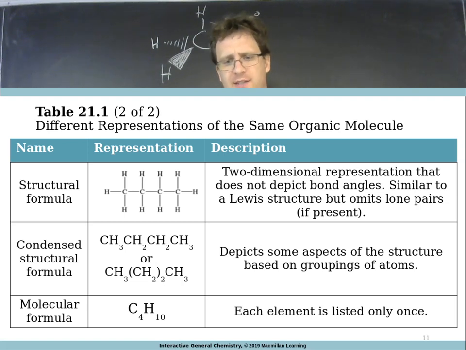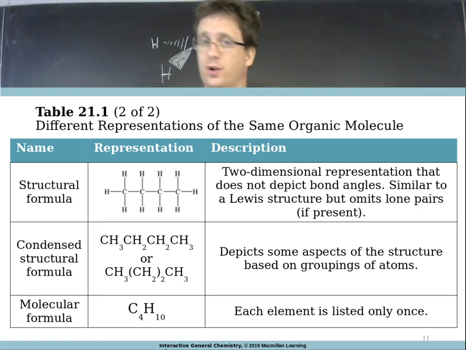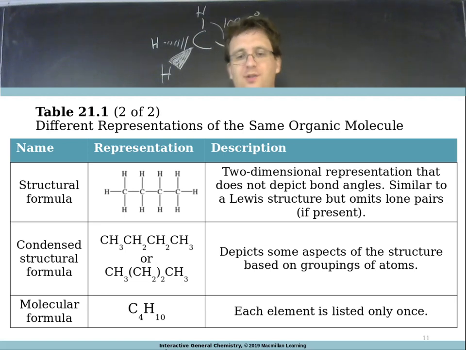The condensed structural formula just looks for ways to make the formula shorter. For example, here in this butane, in this molecule here, C4H10, you can see that there's a CH2 and then another CH2.